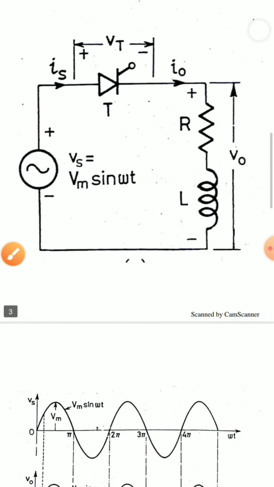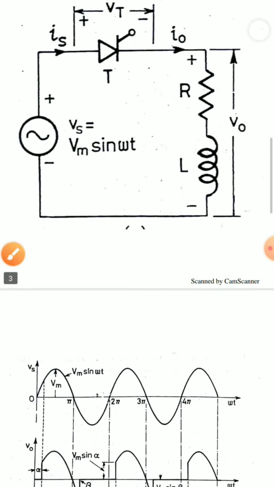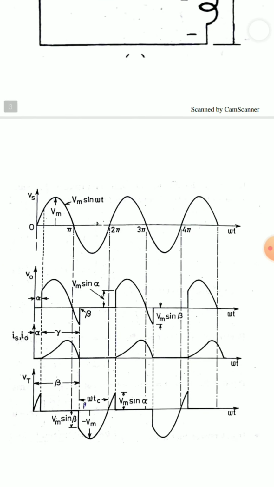So it means that my thyristor is turned off. But as I have an inductor, when the current was flowing in this path, the inductor stored some energy inside it. So it will discharge the energy.